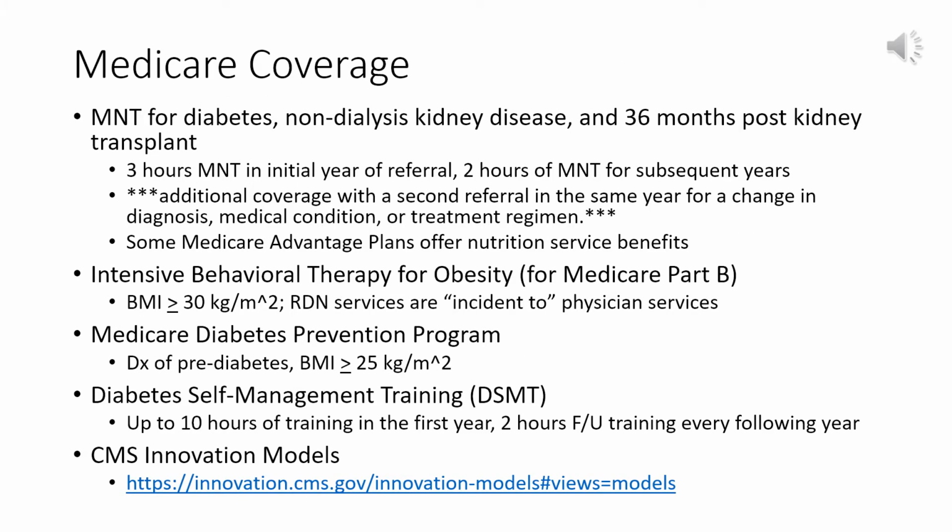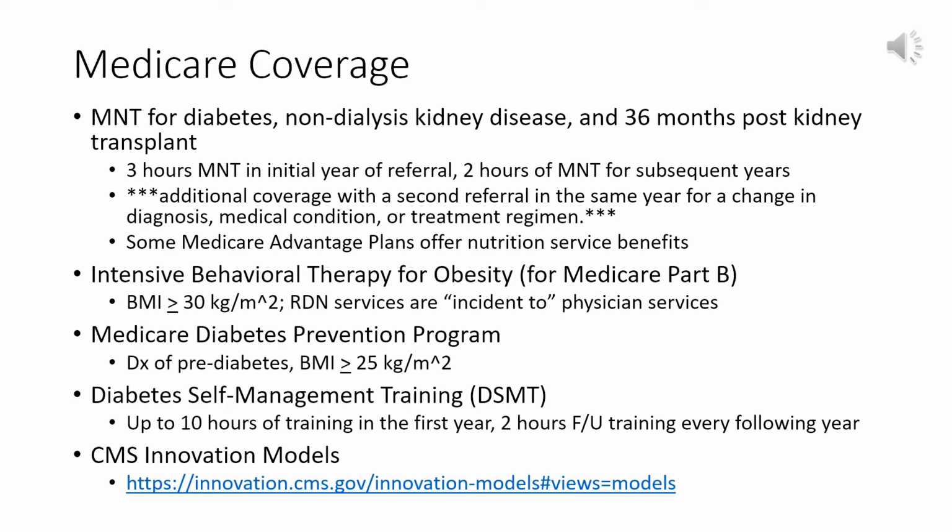The toolkit goes on to discuss each of these types of coverage, and we've discussed this a little before in the previous sections of Module 1, but we can go over this really briefly here. There is Medicare coverage, MNT, for diabetes, for non-dialysis kidney disease, and 36 months post-kidney transplant.